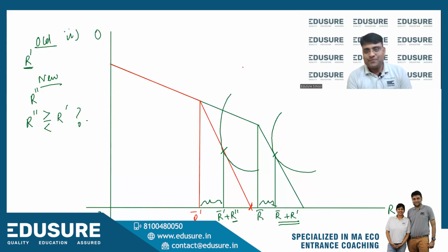Namisha, unmute kariye. Yes, sir. Tell me, you wanted to ask me something, right? I didn't actually get it when the intercept on the x-axis is lying slightly to the left of R bar.